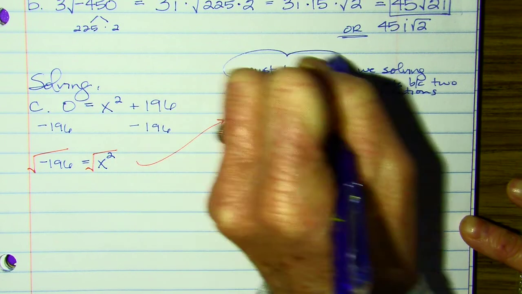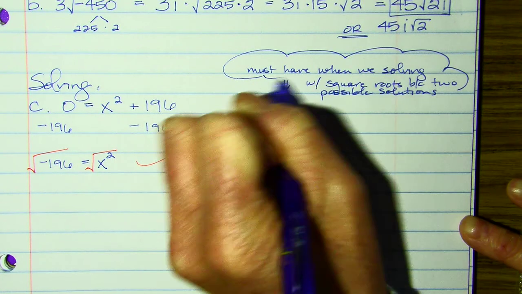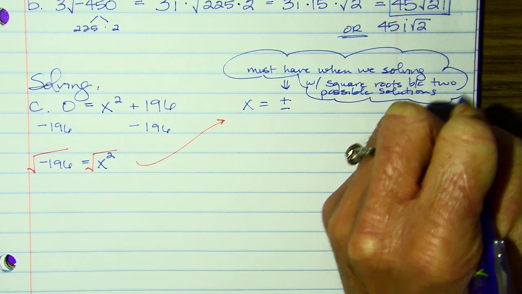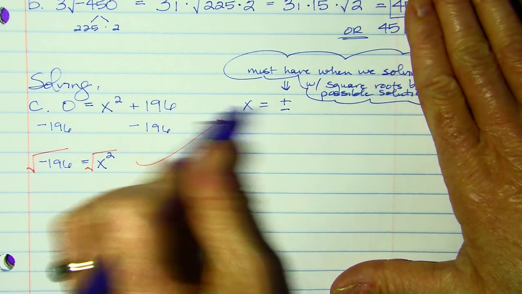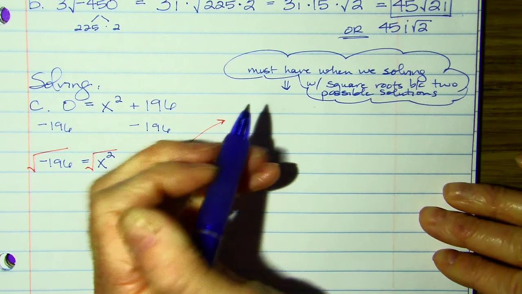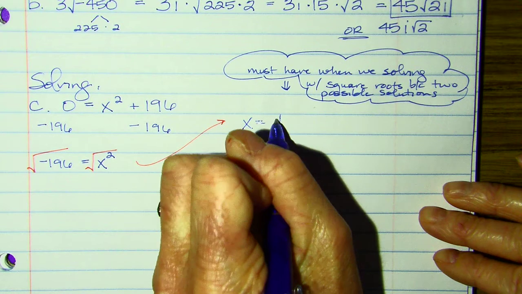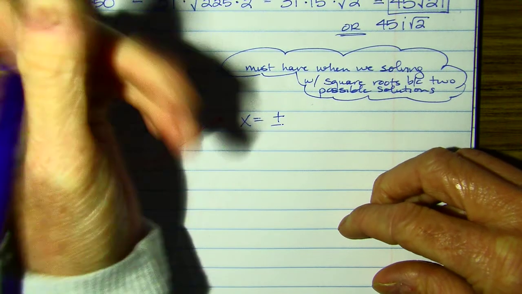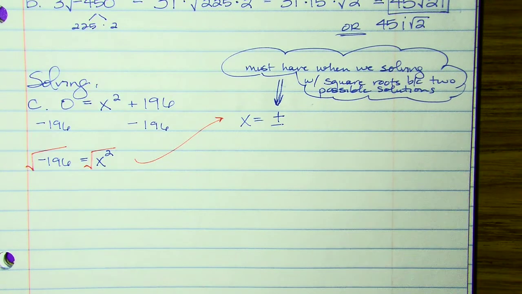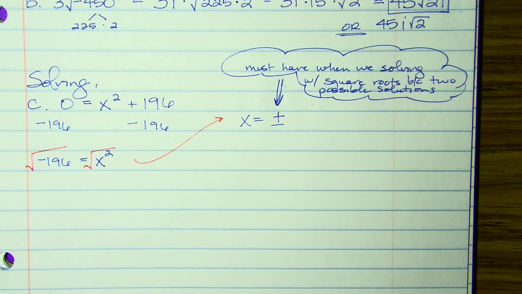The reason is when you square a positive number and you square a negative number, you get a positive answer. For example, a negative 4 times a negative 4 is positive 16, and a positive 4 times a positive 4 is positive 16. So positive 16 has two possible square roots.